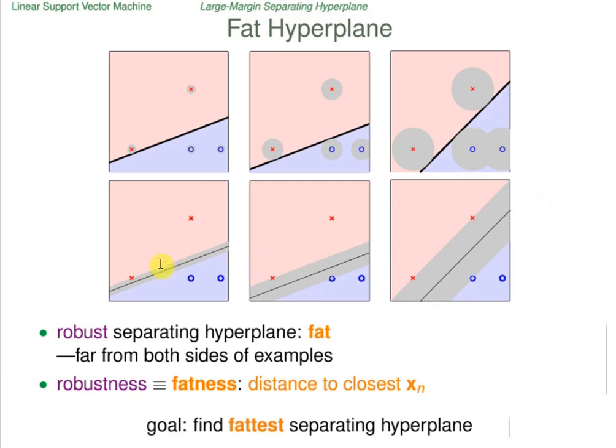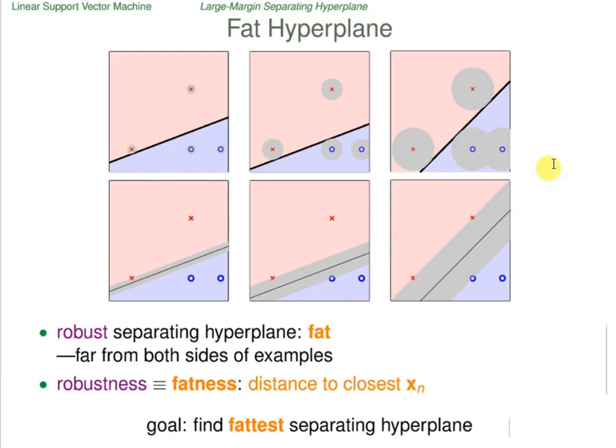So the robust separating hyperplane based on this observation should have a fat margin, the margin that keeps the hyperplane far from both sides of examples. Again, the robustness of this hyperplane is approximately equal to the fatness. In other words, the fatness is the distance between this hyperplane and the nearest or closest data points, right?